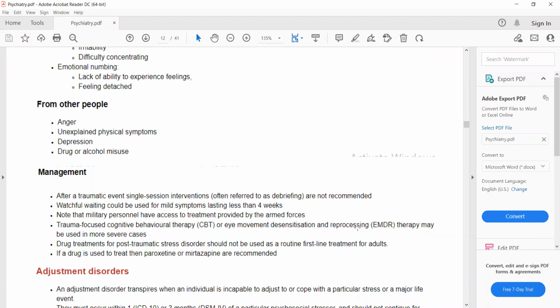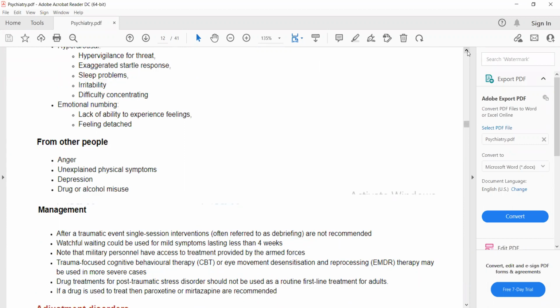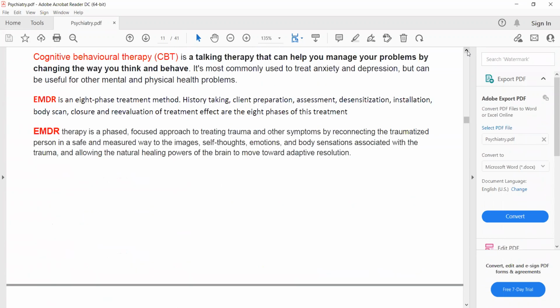So EMDR therapy or trauma-focused CBT is specific for post-traumatic stress disorder.